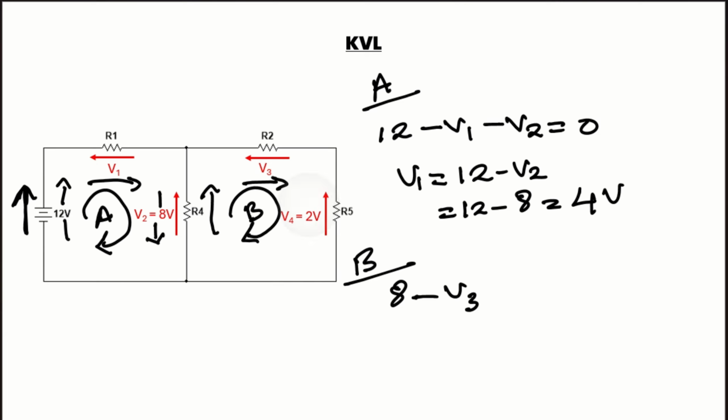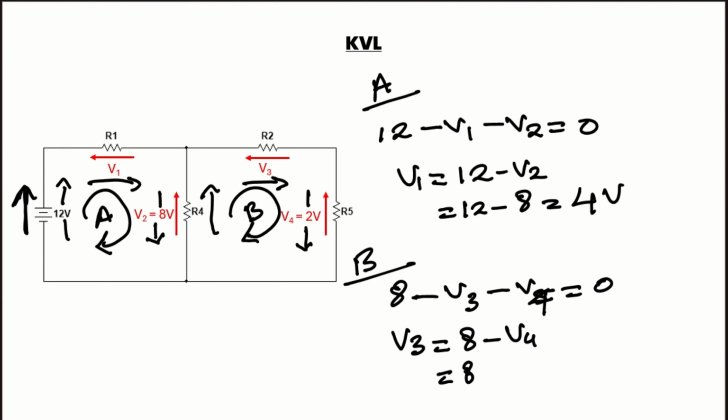Similarly, the loop direction is downwards here and the voltage across R5 is upwards, so it's minus V4, that will be equal to 0. So V3 will be 8 minus V4, where V4 is 2 volts, so the voltage across V3 is 6 volts.